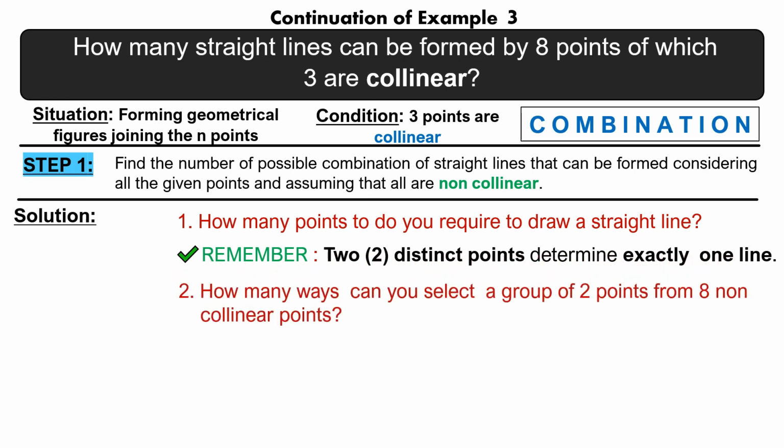Now, how many ways can you select a group of 2 points from 8 non-collinear points? The answer here is 8 choose 2.